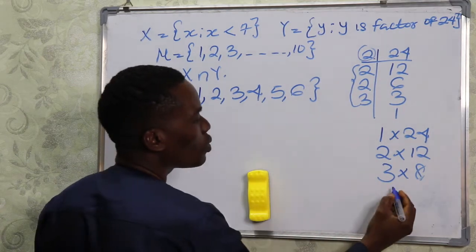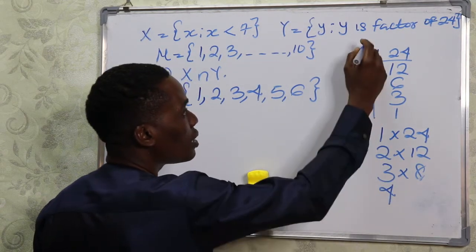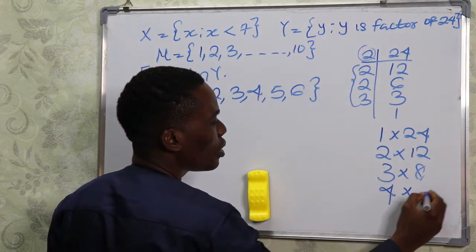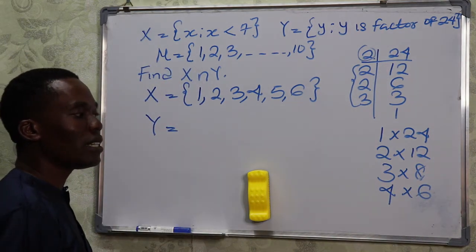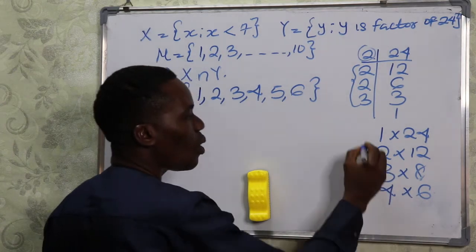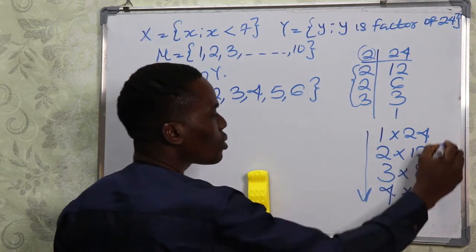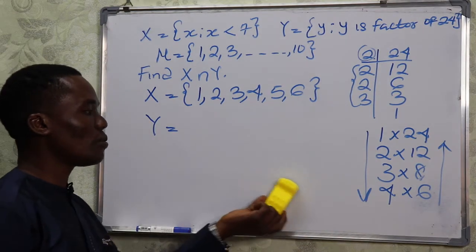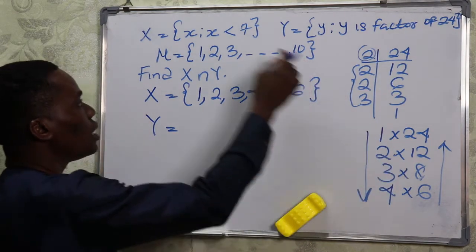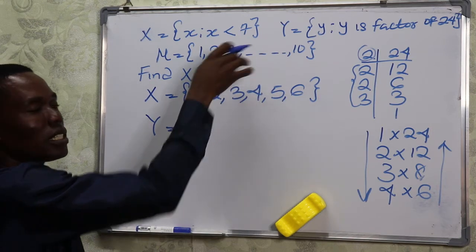Now the next thing we want to look at is 4. 4 times 6 will give us 24, and I guess that is the final value. So all these are the factors of what? 24. So what are the factors of 24? Remember, they must be subjects in this set.